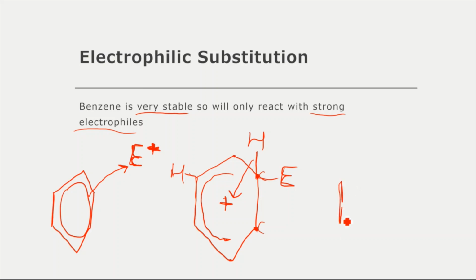Finally, if I'm drawing the benzene structure now, I will have a full benzene ring with the E there, and that's also formed an H plus because we have removed the bond now. So that would be our electrophilic substitution.